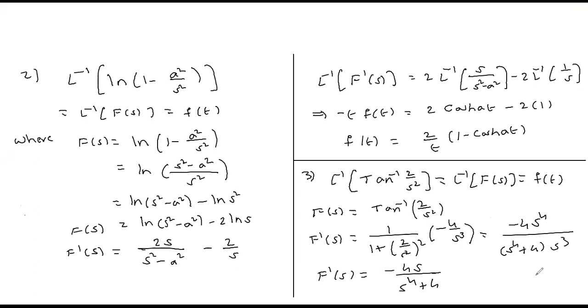So f dash of s is equal to minus 4 into s by s power 4 plus 4. Now we want to apply L inverse on both sides.